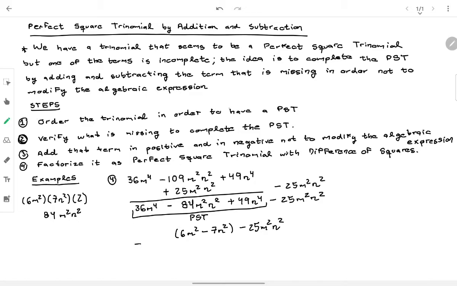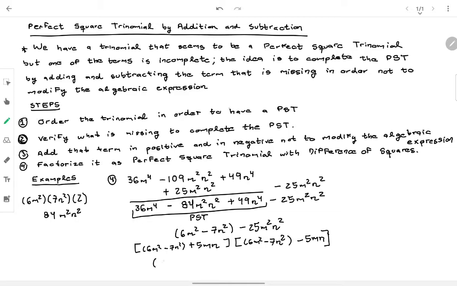So now I can put my two brackets. It's going to be the square root of the first one positive on both brackets, and the other one is going to be positive on the first parenthesis, negative on the second one.